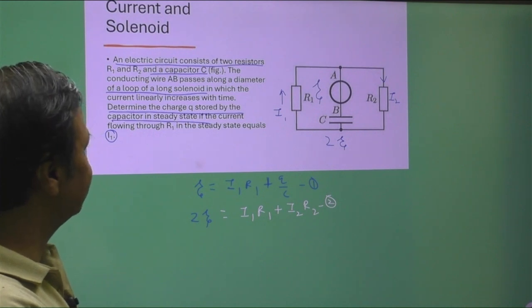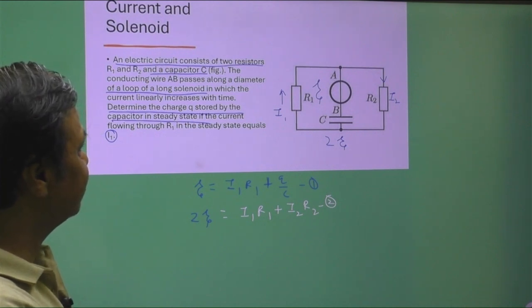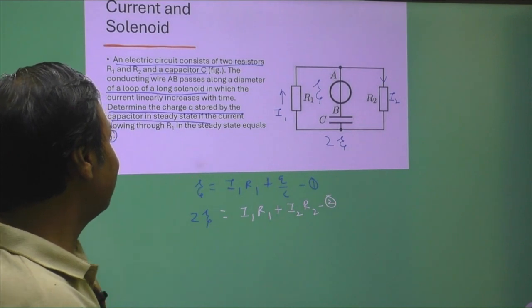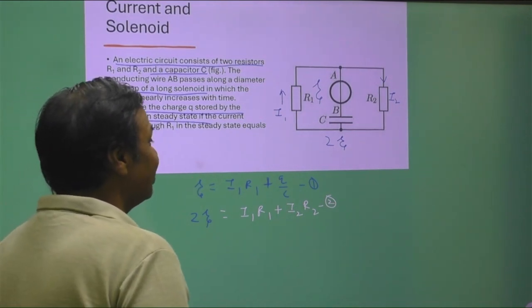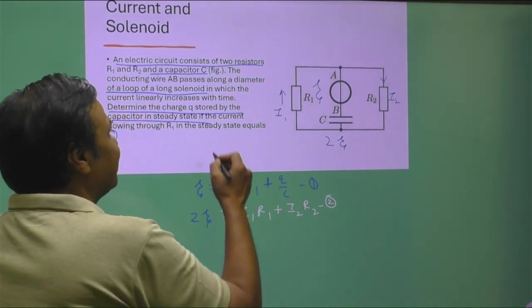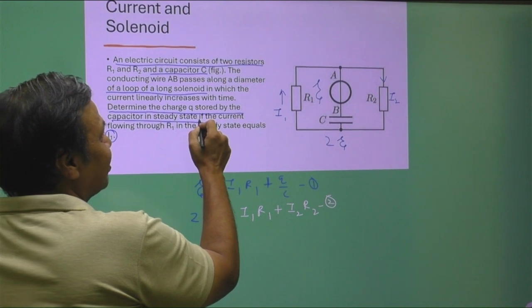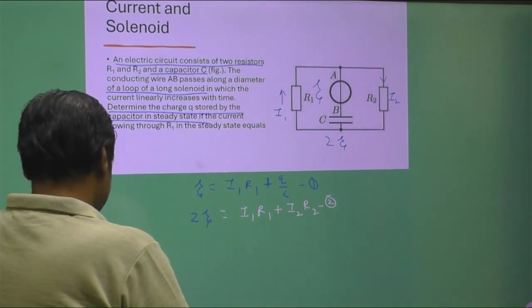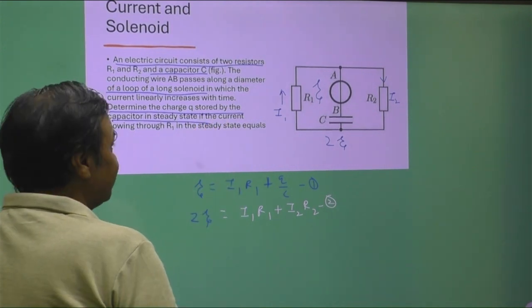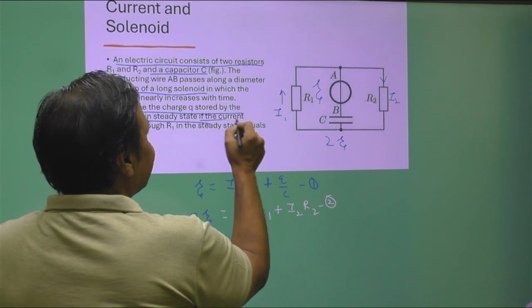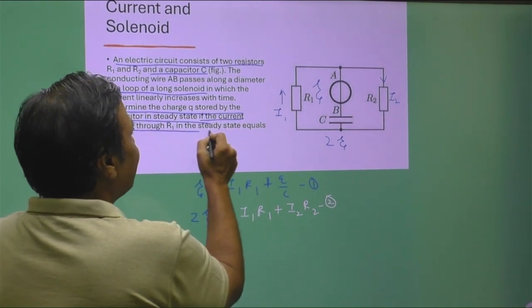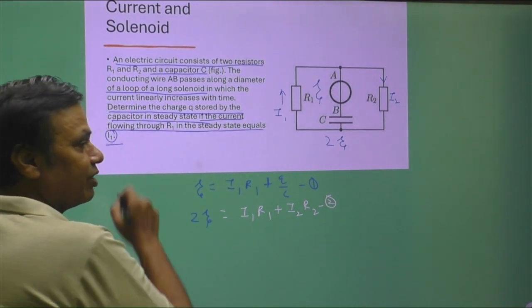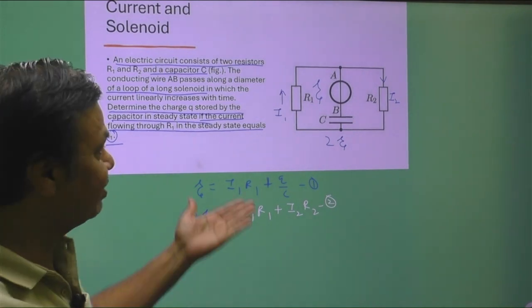But the third unknown is absolutely not present, because of what the question says: the current flowing through R1 in a steady state equals I1, and the capacitor will not contribute any current.